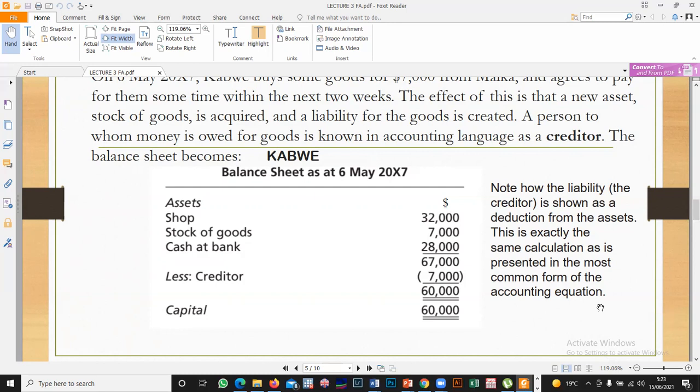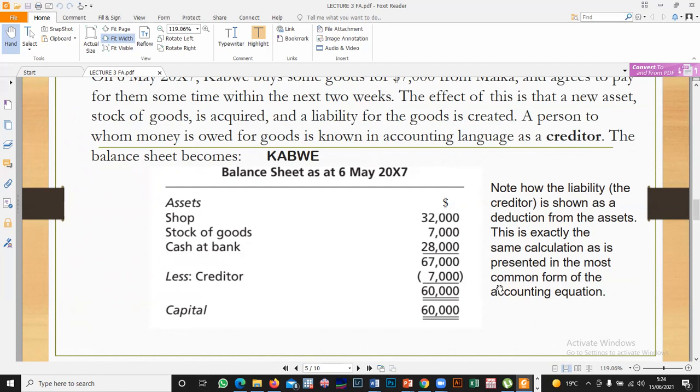This is exactly the same calculation as presented in the most common form of the accounting equation. By now we know that the accounting equation is given by capital equals net assets.